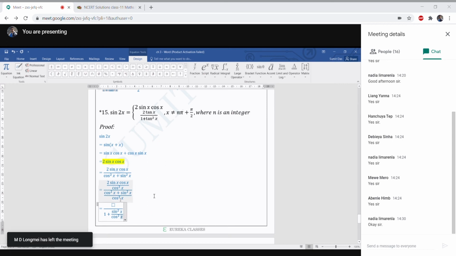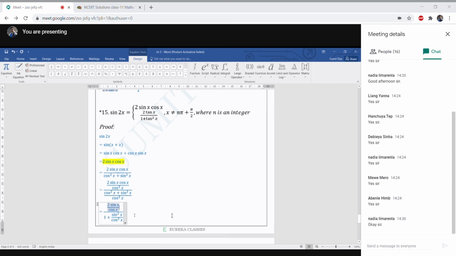Because cos square cancels, so sin square and cos square will remain. What will be numerator? Look, one cos and this square will cancel. So numerator it will be 2 sin x divided by cos x.